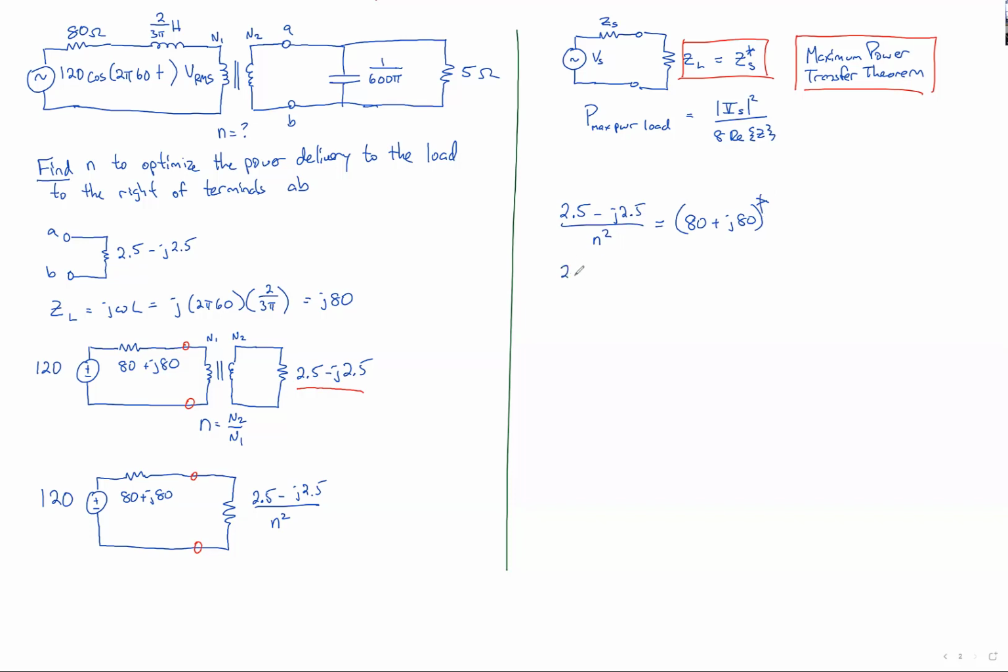So that tells us that 2.5 minus j2.5 over N squared is equal to 80 minus j80. And we can cross multiply and divide through to find that N squared is equal to 2.5 minus j2.5 all over 80 minus j80. And therefore, N is equal to the square root of this. So N is equal to 0.177.